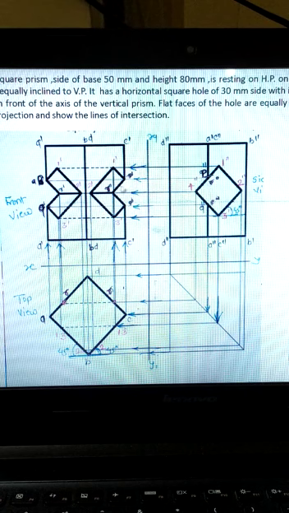Join P dash 4 dash and 4 dash Q dash. Same for the left side also, P dash, Q dash and 4. As this object is completely drilled, the faces through 1 and 3 will be invisible. So make them hidden lines, 1 dash 1 dash as well as 3 dash 3 dash.